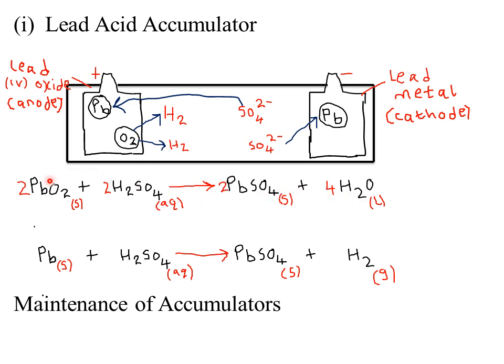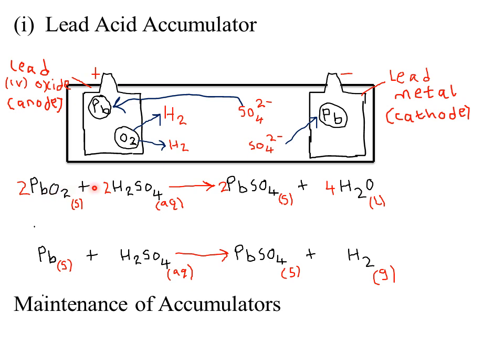The two oxygens combine with the two hydrogens to form water. So water is produced at the lead 4 oxide, at the anode. At the positive terminal, sulfate ions react with lead to form lead sulfate, while hydrogen ions react with oxygen in the lead 4 oxide to form water. At the same time, you can see the hydrogens are coming out of here, reacting with the lead 4 oxide.